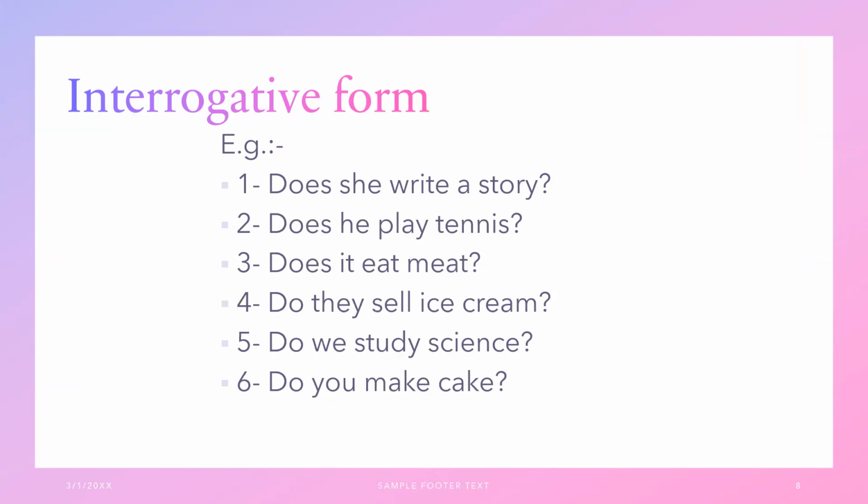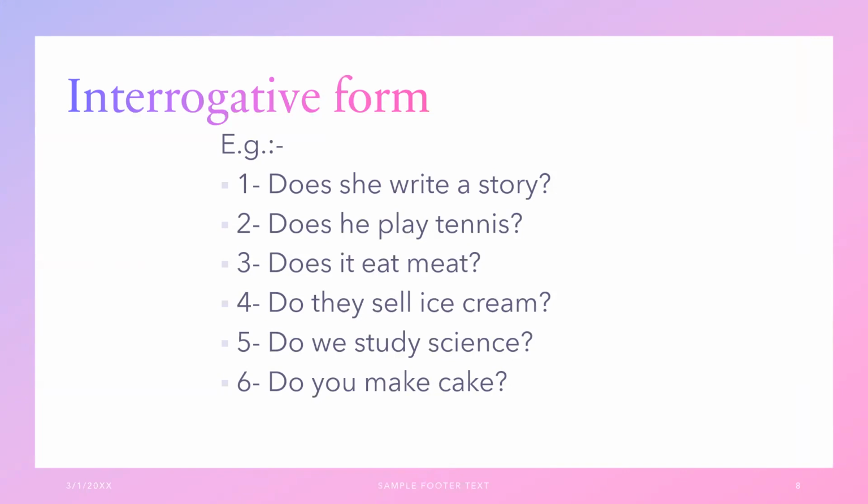So, as I mentioned earlier, in negative form and interrogative form, we do not add s or es to the end of the verb because we already add es to the word do, which is used in front of the sentence in question form. Do plus es equals does. Does she write a story?